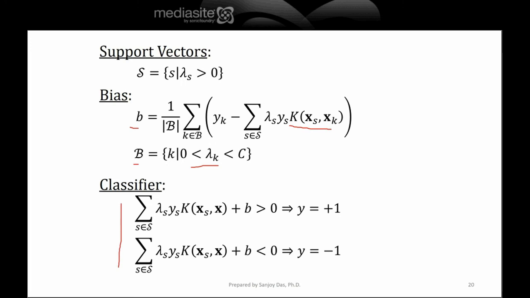Again, in the final classifier we use only the support vectors, and we are computing the kernels with arguments x, which is our new input, and xs, which is x for a support vector. All we need to do is compute the kernel between x, the unknown point, and the support vectors, and then we can get the label of x.